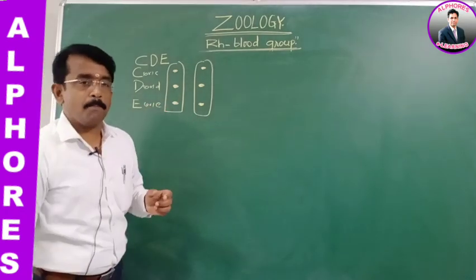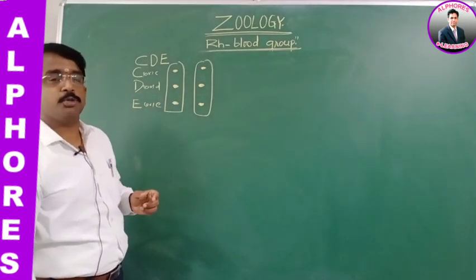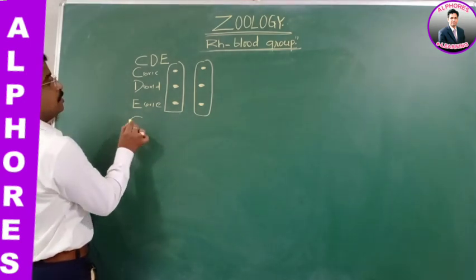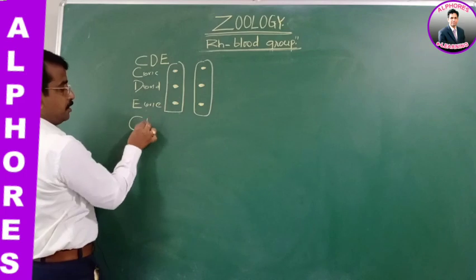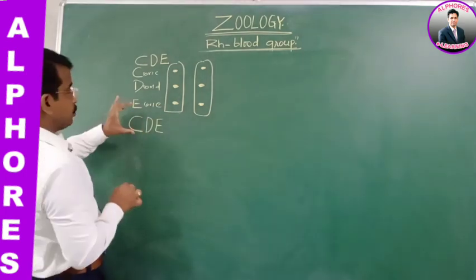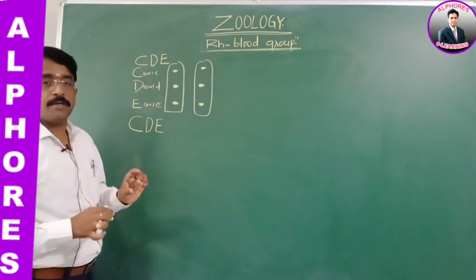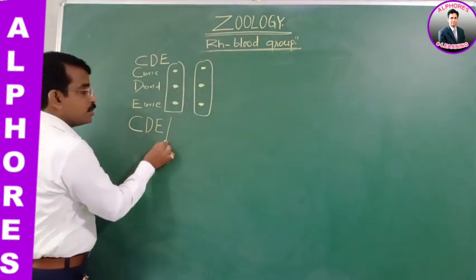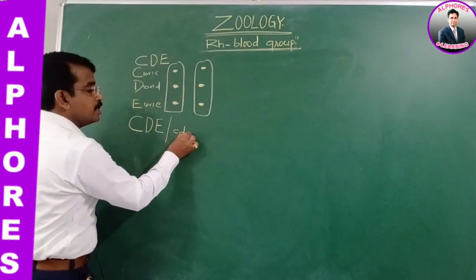So what are all the possible genotypes we find? It is capital C, capital D, capital E, which indicates all 3 dominant alleles, whereas here small c, small d, small e.